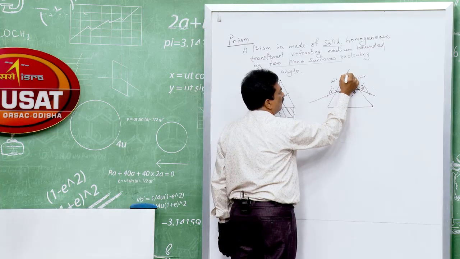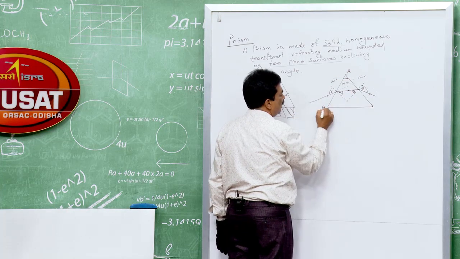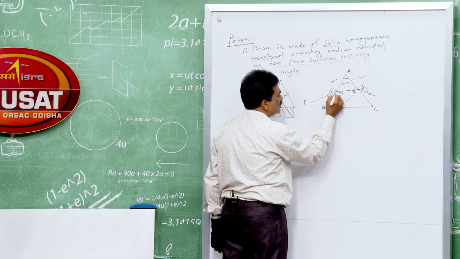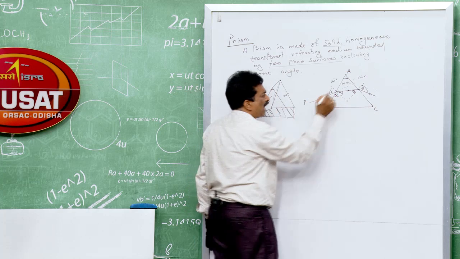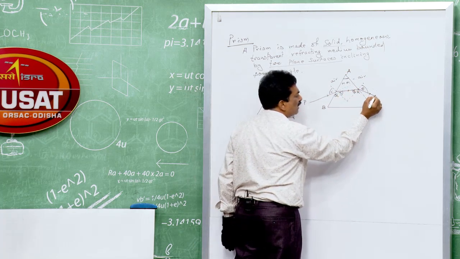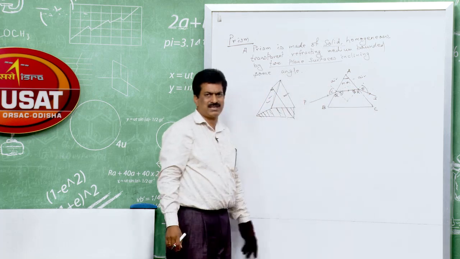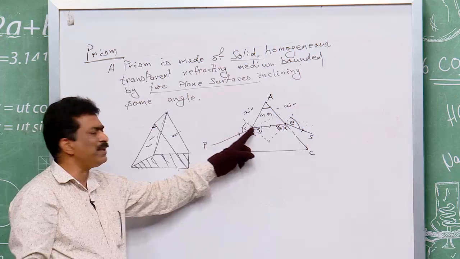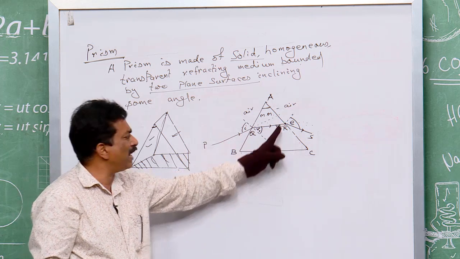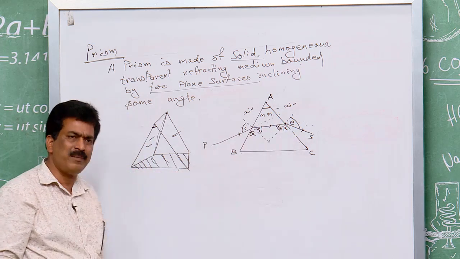So let us now name it. This is A, this is B, this is C. The ray which comes is PQ. After the refraction, it goes as QR, and finally it emerges as RS. So my students, PQ is called the incident ray, QR the refracted ray, and RS the emergent ray.